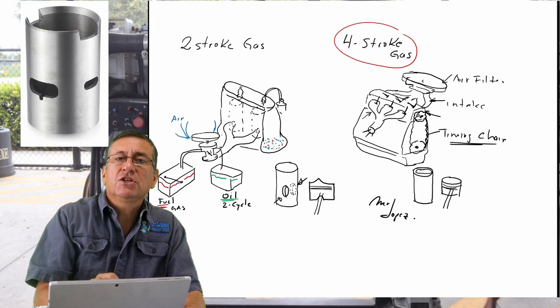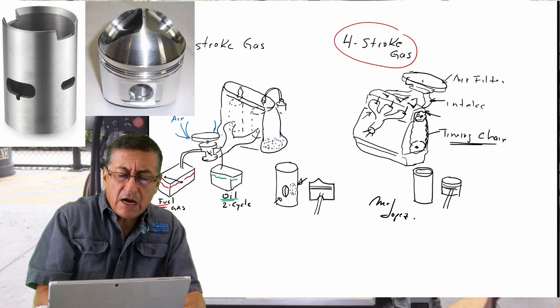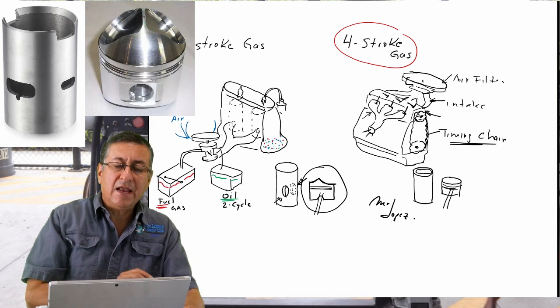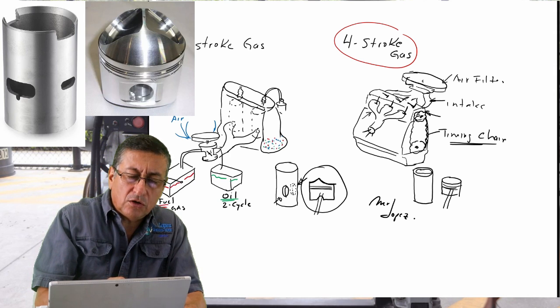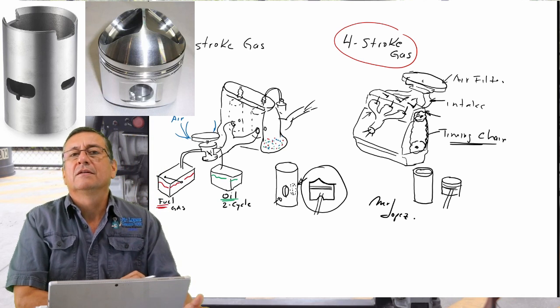And additionally, the head of the piston in 2-stroke engines has this shape, like a castle, like this. And what is the idea? In the bottom of the cylinder, there are the holes. One hole here, and another hole on the other side for exhaust, because the exhaust manifold is located on the other side.